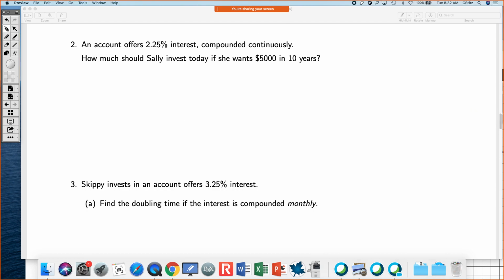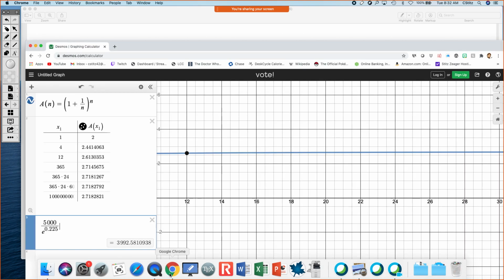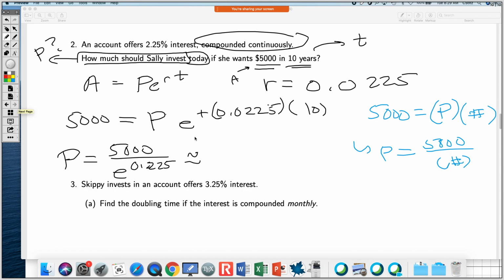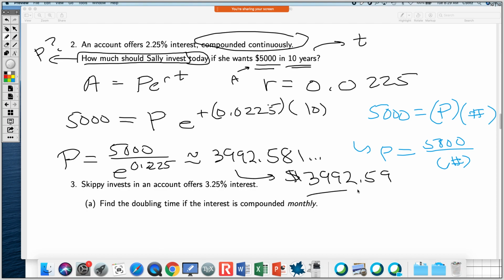And what did I dial in here? Yeah, okay. So I had it in there correctly. 3992.58. So I guess to guarantee you have the 5,000, you might want to round this up to $3,992.59. So you guarantee you have that money. Yeah, thanks, Rebecca. Thank you.